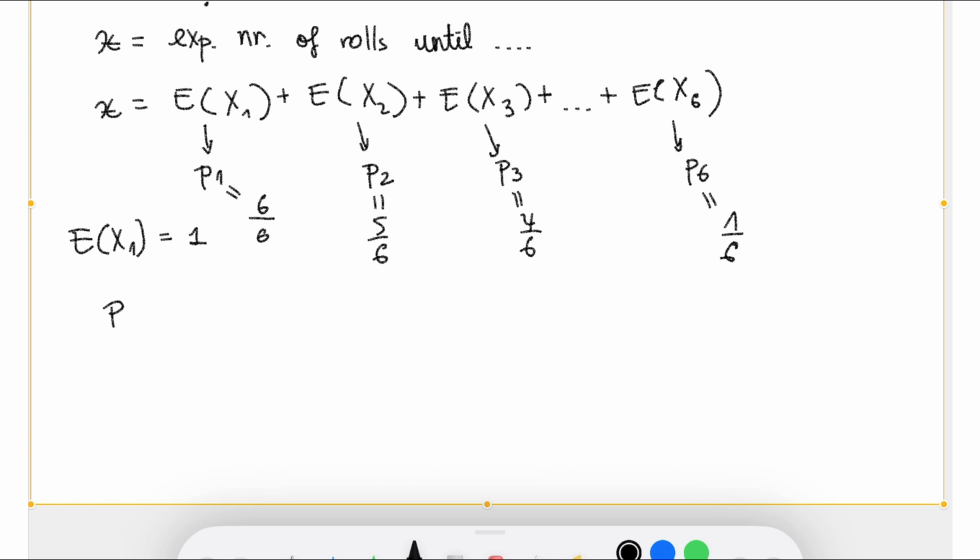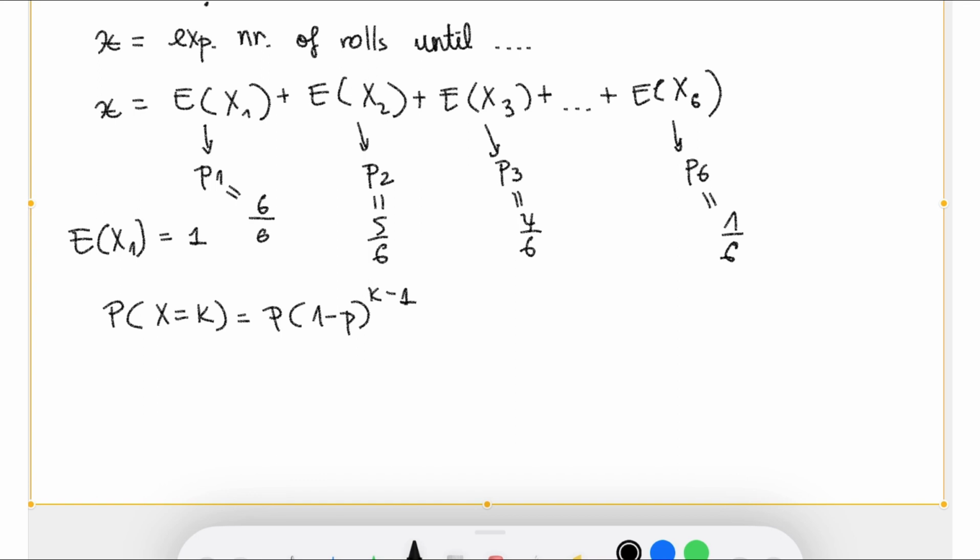We have the probability of X being equal to k. This will be the probability of success times 1 minus p to the power of k minus 1.